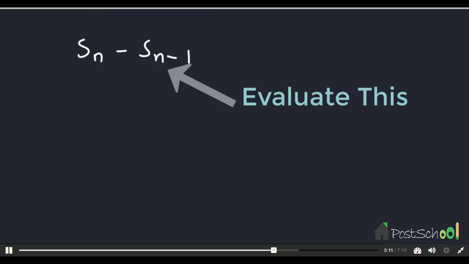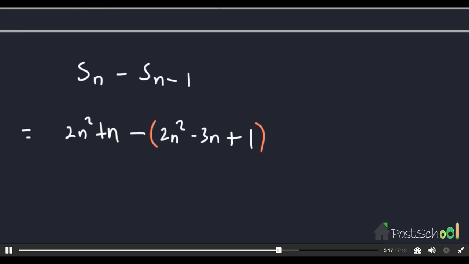Now, as part of our experiment, we want to find Sn minus Sn minus 1. Try to compute this and see which answer you get. This is going to lead to some interesting conclusions. Sn is 2n squared plus n, and Sn minus 1 is 2n squared minus 3n plus 1.